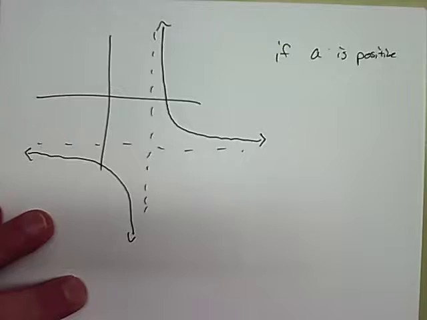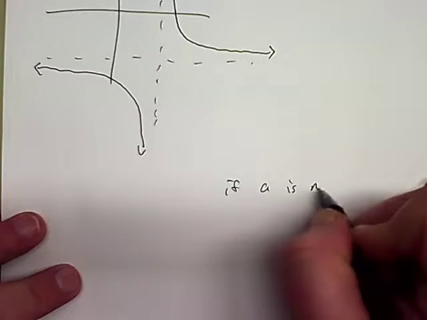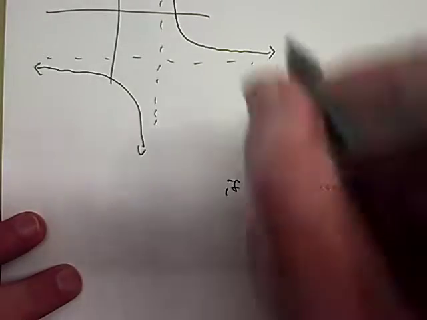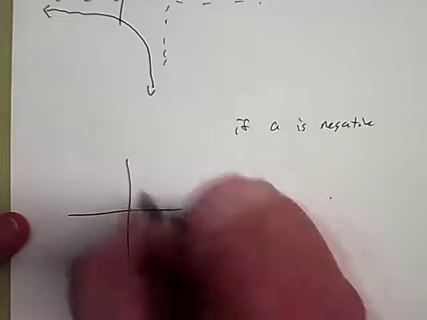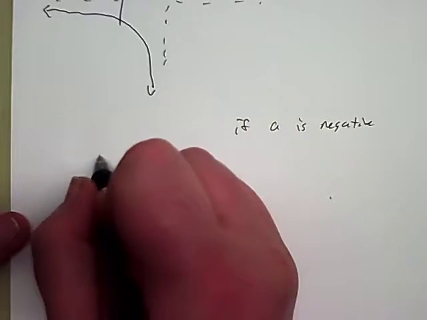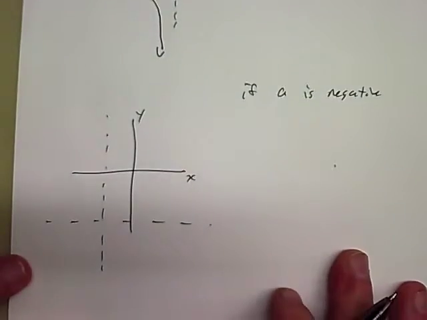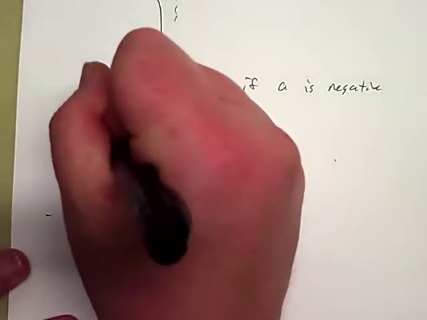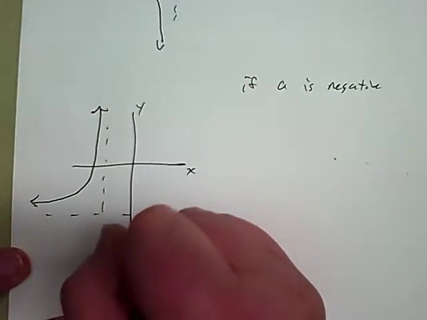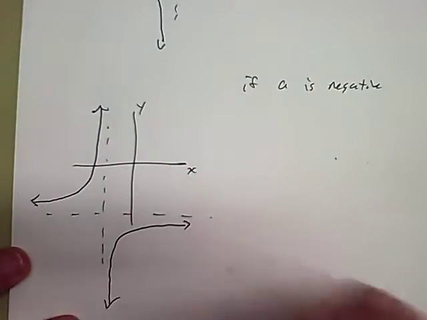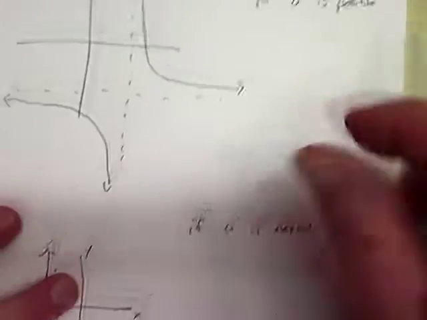Okay? And if A is negative, then we're going to go, so let me draw my x and my y. So here's x, here's y. Vertical asymptote, horizontal asymptote. If A is negative, we're going to go top left and bottom right. All right, so let's just review real quick.